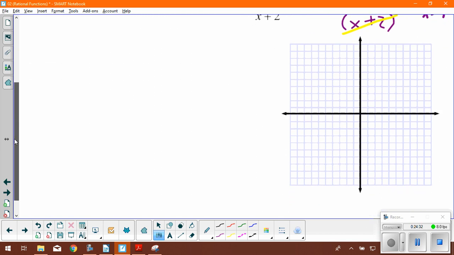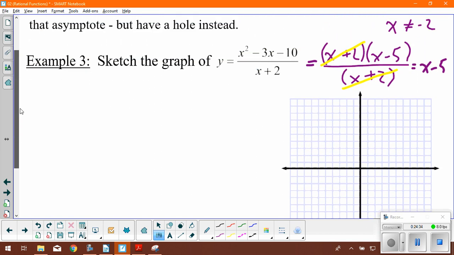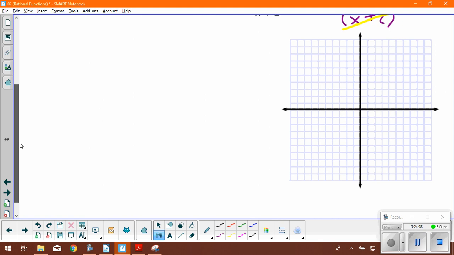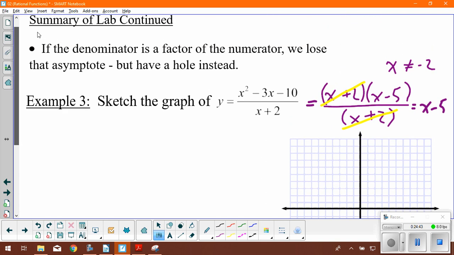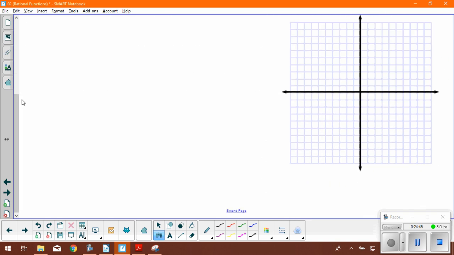So when I graph this, all I have to do is at the x coordinate for negative 2, we just draw that it has a hole. So it was x minus 5, I believe. So that means I have negative 5. Apologize, my line needs to be ironed. But basically at negative 2 with a hole, we just draw a hole to say that there's a gap in the graph there. And everything else is fine.